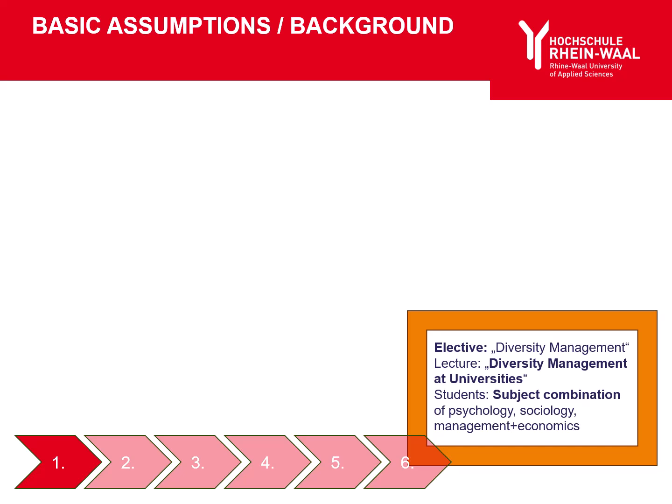The project was conducted as part of my course Diversity Management at Universities, and the students who take this elective come from the so-called two-subject bachelor's program, and 95% study a combination of two of the following three subjects: psychology, sociology, and management and economics.